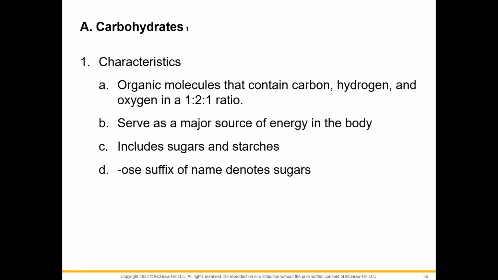So carbohydrates serve as a major source of energy in the body, and they include sugars and starches. The suffix -ose denotes sugars. So earlier when I said D-mannose, now you say, oh, that's a sugar. Yes, lactose, glucose, sucrose, fructose, galactose, all of those, -ose.